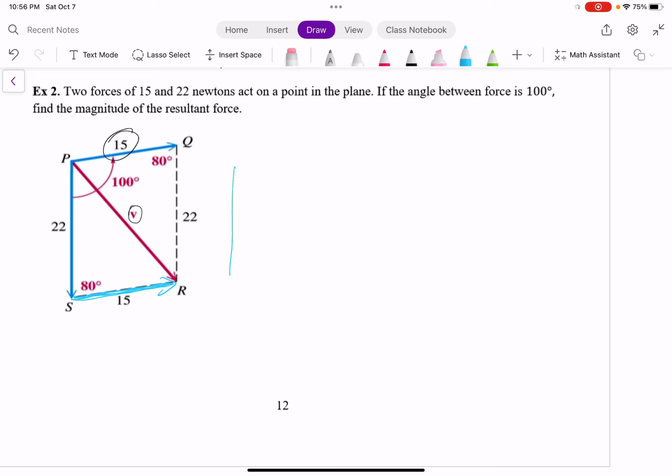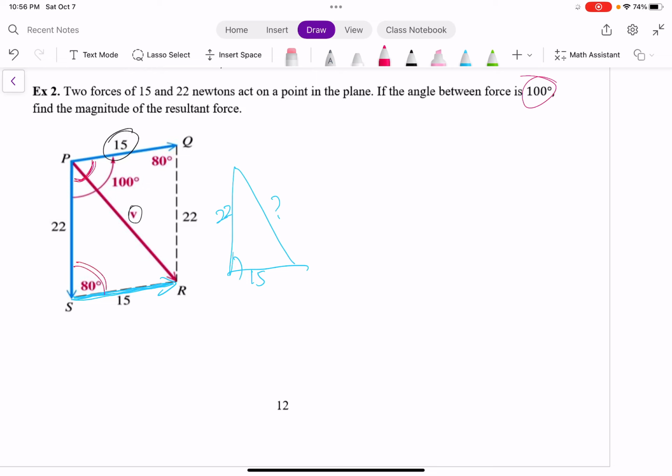Now I'm having this triangle. What do we have? I'm looking for V, and I have 22, I have 15. I don't know this angle, because even though the graph shows 80, I don't know it from the question. From the question, the angle between the forces is 100, so this angle is 100.